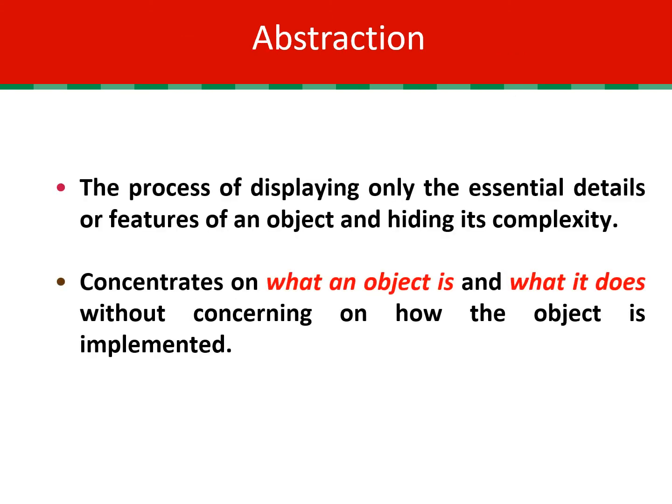Okay, abstraction is actually referring to hiding complexity. Whenever you are doing programming, you do not want to show the detailedness of your code to other people. You only want to reveal what that object is and what it does.